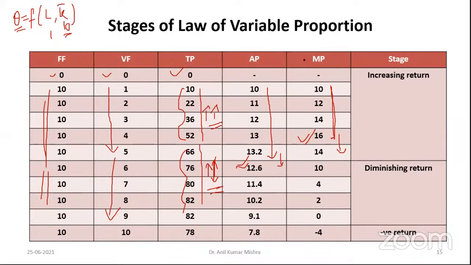Now in order to prepare the table, first of all you have to put the marginal product to be increased like this. You have to put the numbers in an increasing order. 10, 12, to increase further. 10, 12, 14, 16. Okay. Then after that, you have to increase at a diminishing rate.